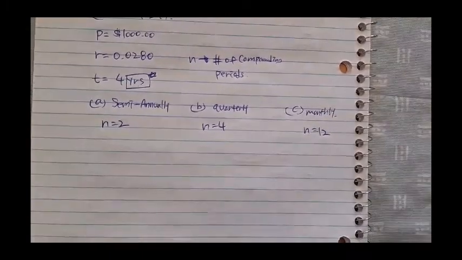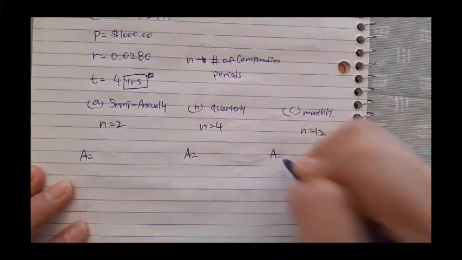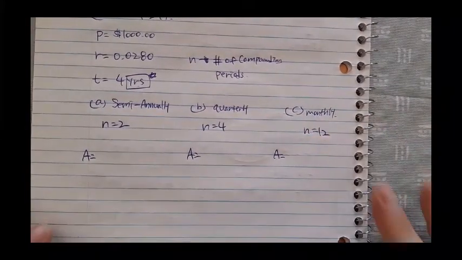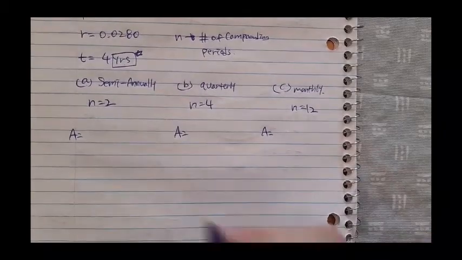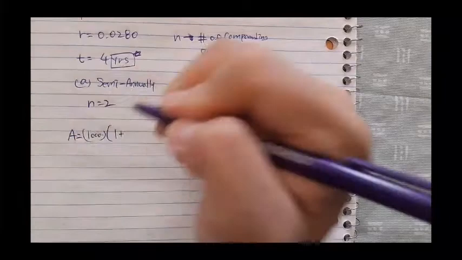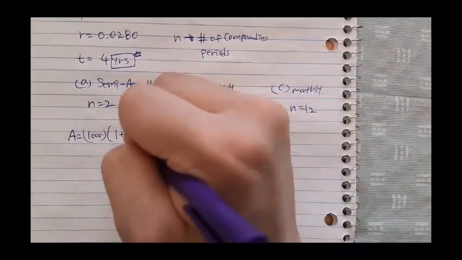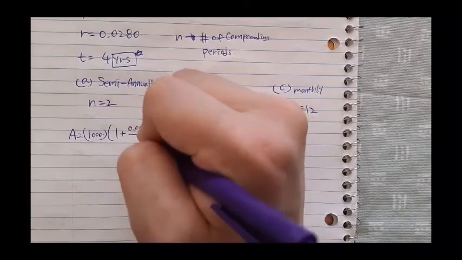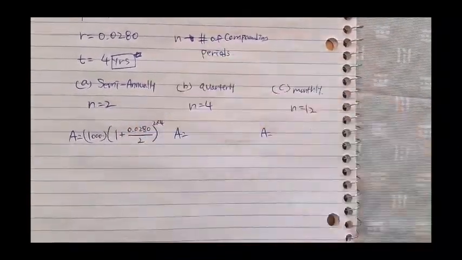So here's what you need to do. Everything follows the same formula, except n is the only thing that is different. Principal amount starts with 1,000 times 1 plus the R value, 0.0280, divided by n, which for this is 2, and the exponent is 2 times 4.